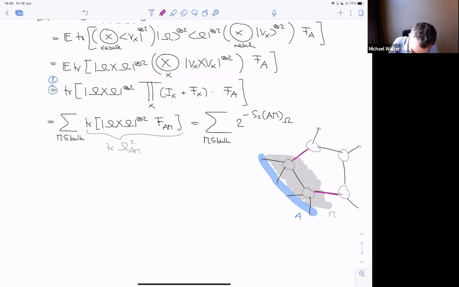So this term is equal to log D, because that's how things are quantized here, times the number of edges on the boundary of this region AM.